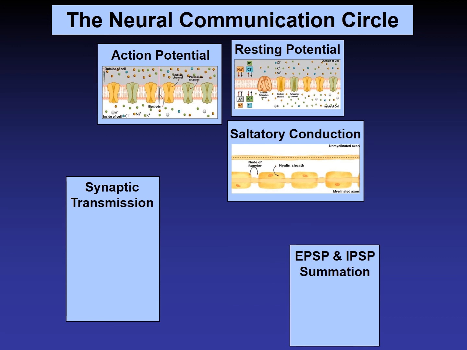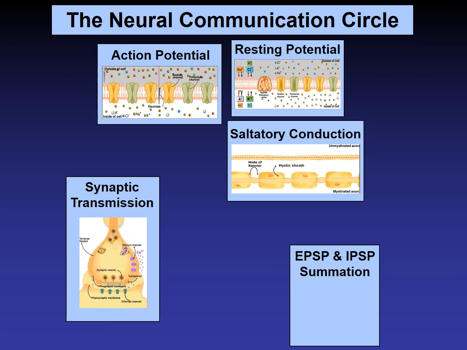This video compared the propagation of an action potential down an unmyelinated axon at the top of the video screen to the propagation of an action potential through a myelinated axon at the bottom of the video screen.